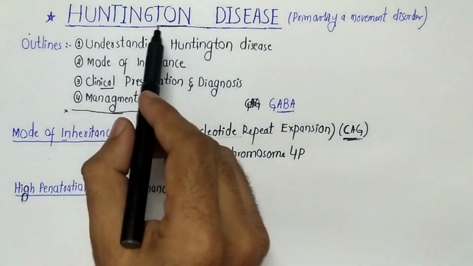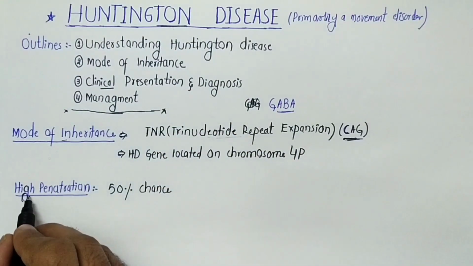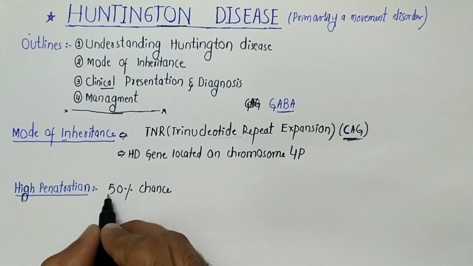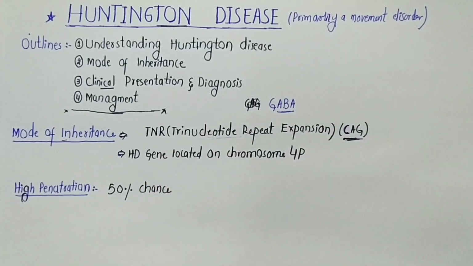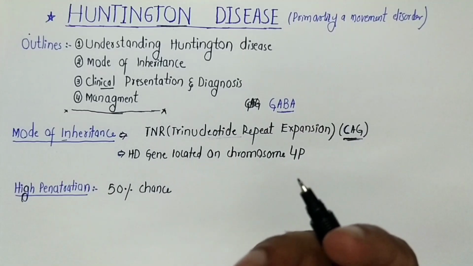So we say that Huntington disease has a very high penetrance, because there is a 50% chance that the disease will be transferred to the children.